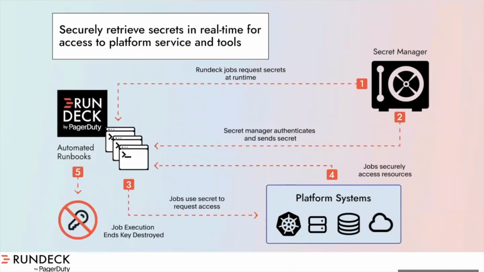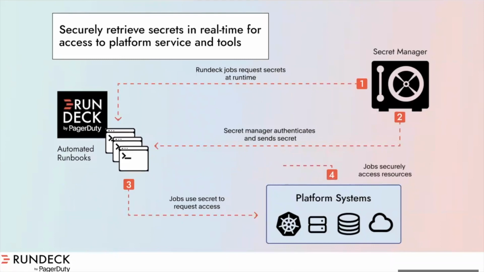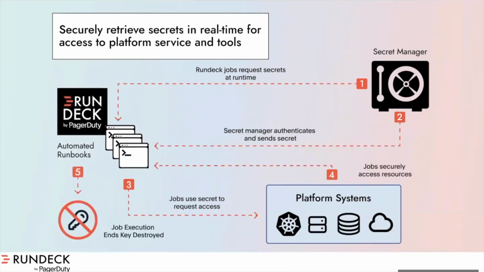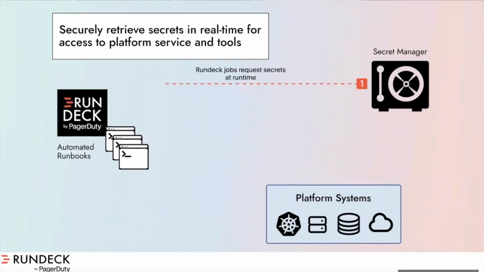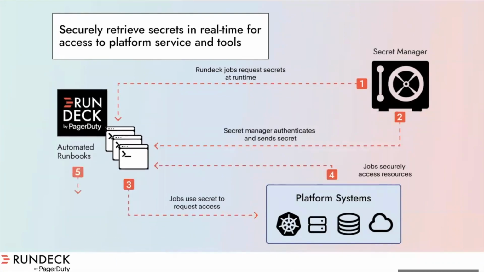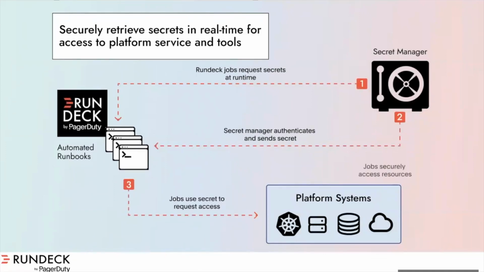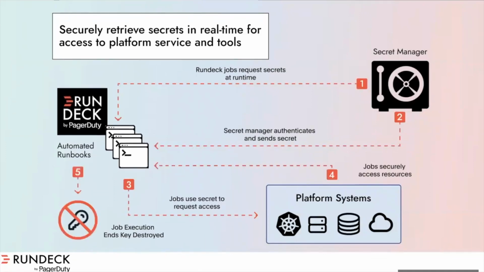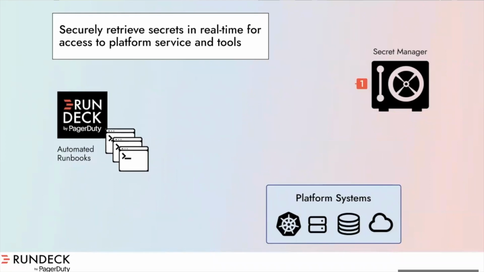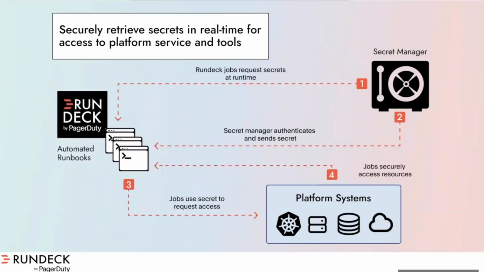That Rundeck job then uses that key or credential to access the specific remote resource, system, or service or tool. So we've received the key, and the Runbook job can now access that specific resource or tool. As the job now accesses that resource or tool, it's able to authenticate and execute the various jobs, the various commands, anything that's now part of your entire workflow.